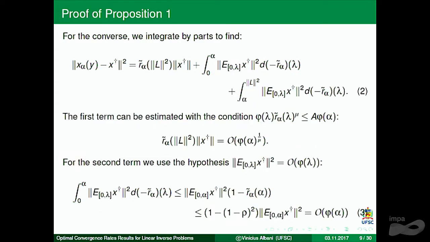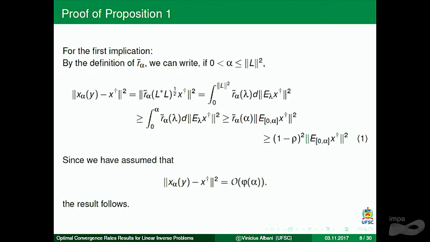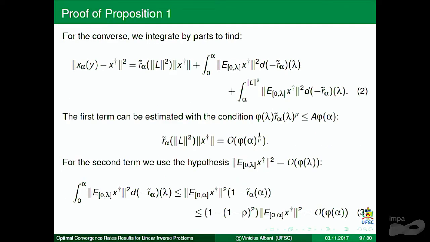The converse is more involved. So what we do is to write again this estimate in this way, and then integrate by parts and break it into 3 parts. Then we estimate each one. The first one is just to apply this estimate on phi.